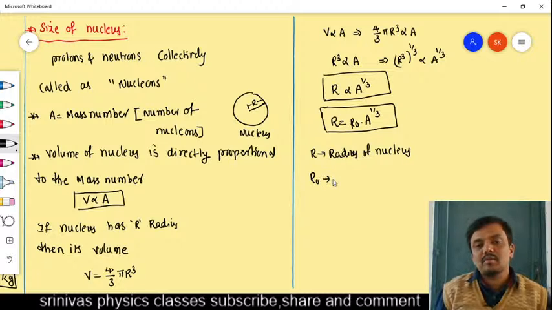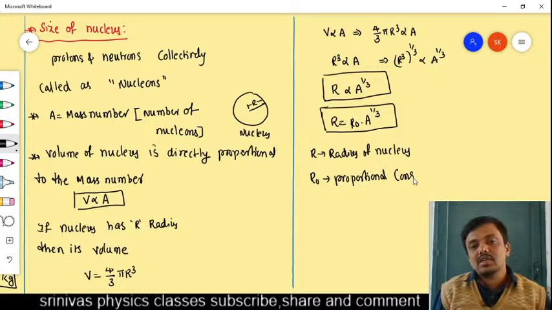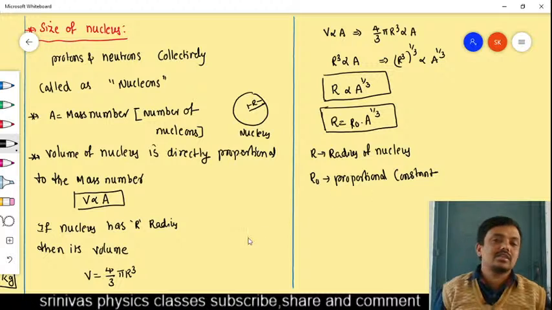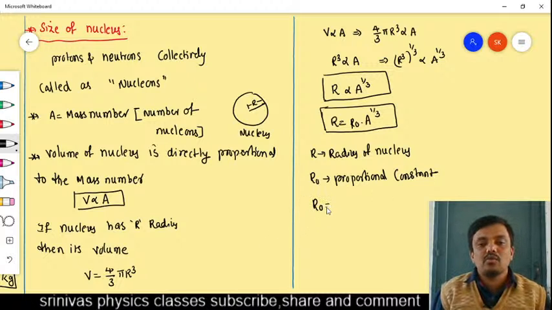R naught is the proportionality constant, because we got it when we removed proportionality. R naught has a fixed value, 1.2 Fermi. Fermi means we can write that as 1.2 into 10 to the power of minus 15 meters.